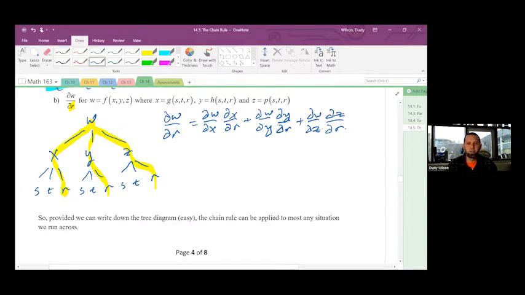So tree diagrams make it pretty easy to figure out what these formulas are. Here again, notice since every variable, both the dependent and the intermediate, is a function of more than one variable, we're always using the curvy partial derivative d's throughout. So provided we write down the tree diagram, which is easy, the chain rule can be applied to most any situation we run across.